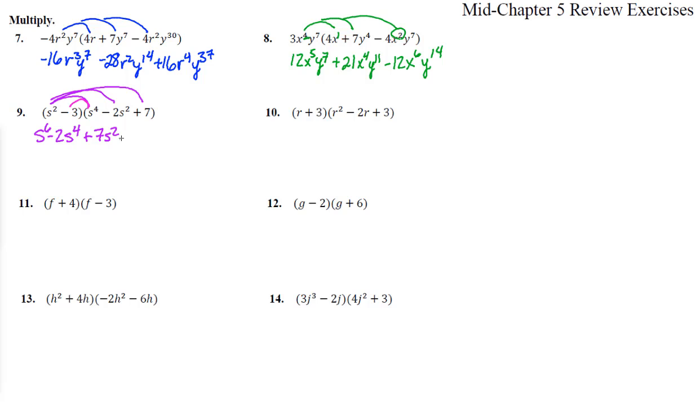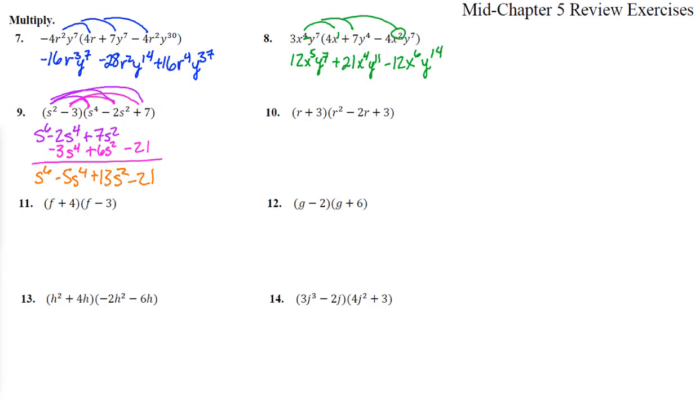We have minus 3s to the 4th, so we'll put him under that guy. So the s to the 4ths are all together. Then we have a positive 6s squared, and then a minus 21. And then we add those two together, and we get as an answer s to the 6th minus 5s to the 4th plus 13s squared minus 21.